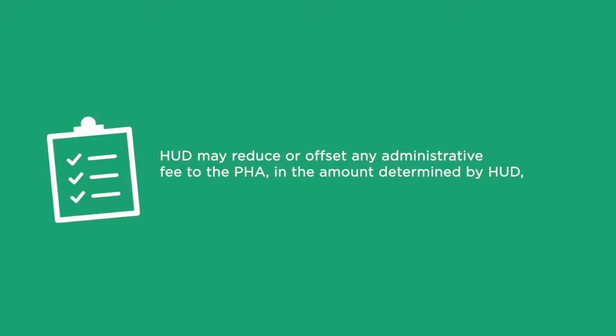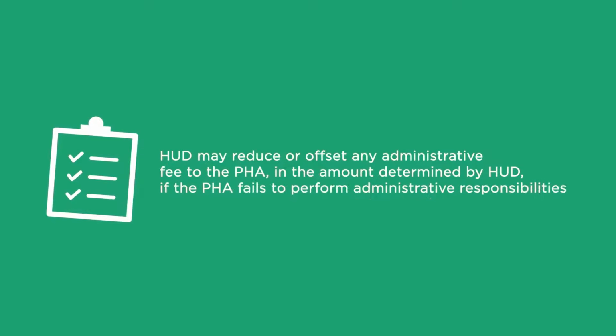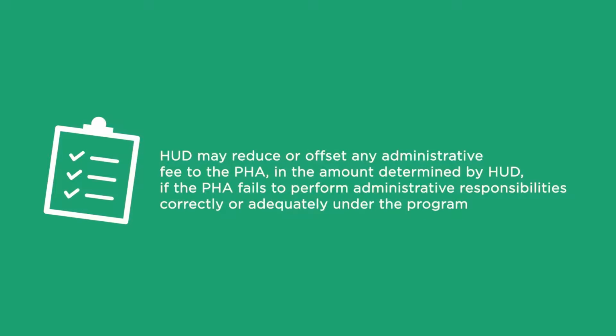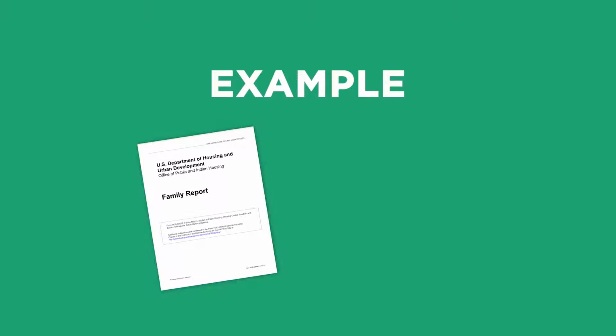HUD may reduce or offset any administrative fee to the PHA in the amount determined by HUD if the PHA fails to perform administrative responsibilities correctly or adequately under the program. For example, not submitting Form HUD 50058 or a VMS non-submission could be grounds for offsetting admin fees.